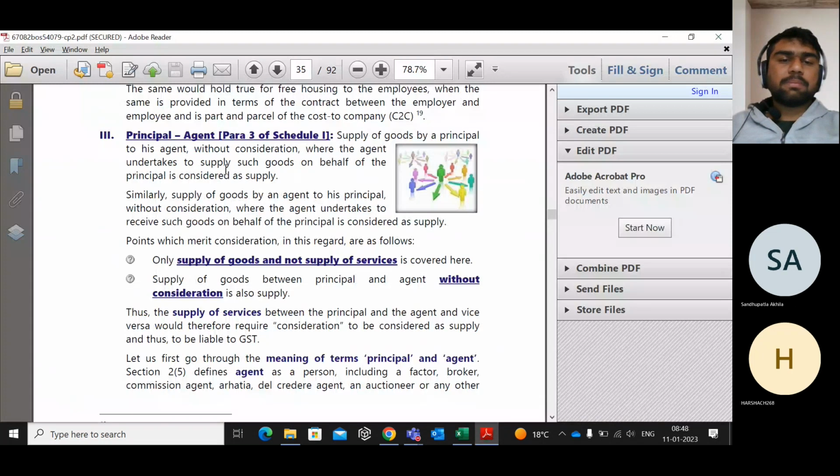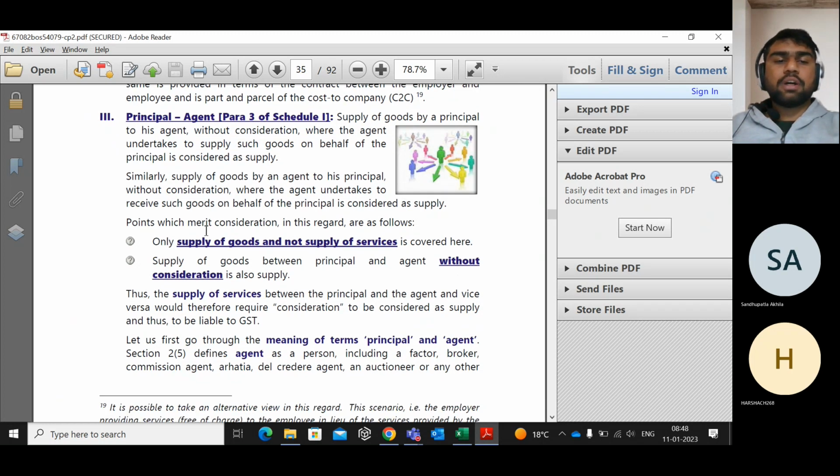Where the agent undertakes to supply such goods on behalf of the principal, it is considered supply. Similarly, supply of goods by an agent to his principal without consideration, where the agent undertakes to receive such goods on behalf of the principal, is considered as supply. Only supply of goods is covered, not the supply of services, and without consideration.